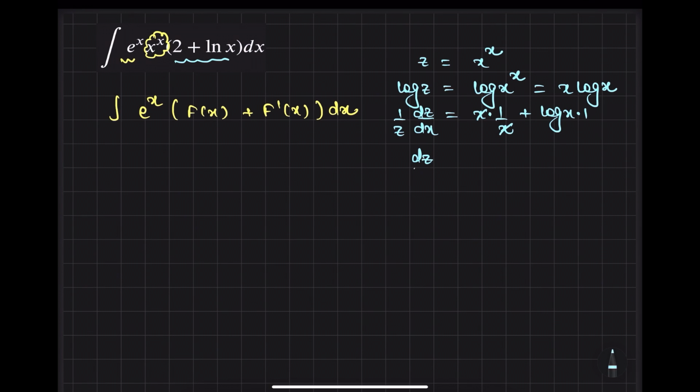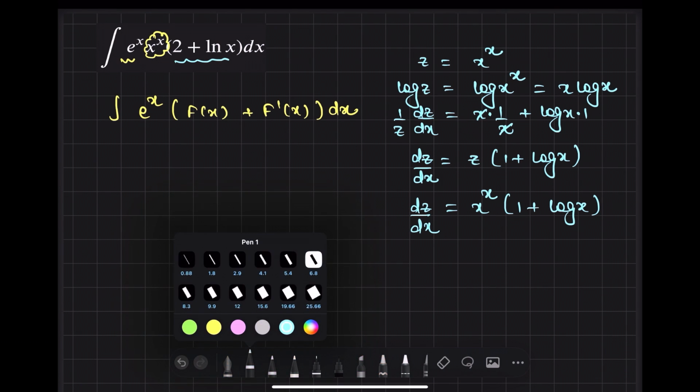Can I say that dz by dx equals z times (1 plus log x)? Now who is z? z is x power x, so dz by dx is x power x times (1 plus log x).